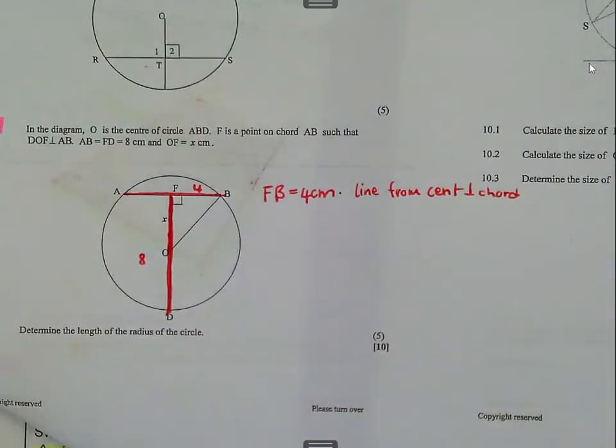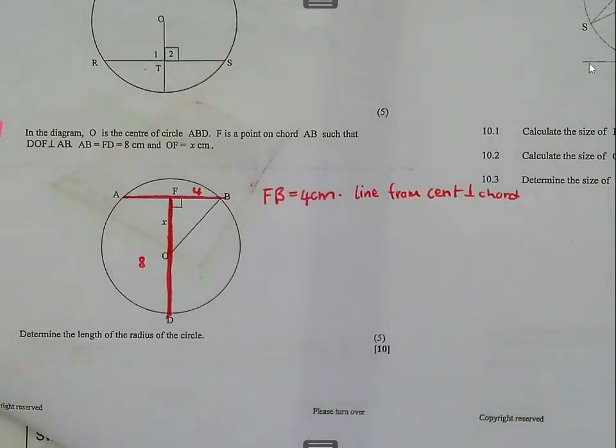If I tell you my arm from my shoulder to my fingertips is 60 centimeters, but from my hand to the tips of my fingers is 10 centimeters, how long will it be from my shoulder to my wrist? How did you get to 50? You said 60 minus 10. Now, if I tell you the distance from here to here is 60, and from my wrist to my fingers is x, how long is this part? 60 minus x.